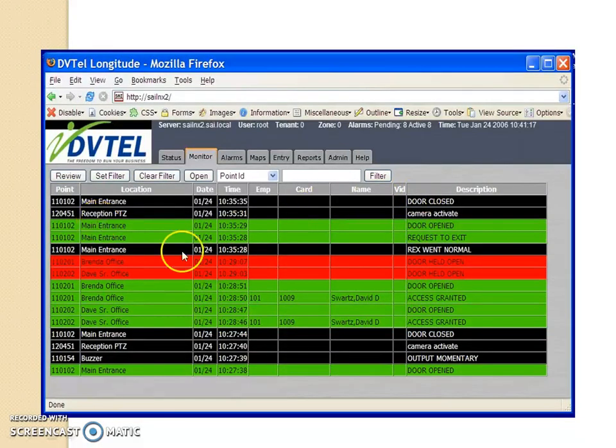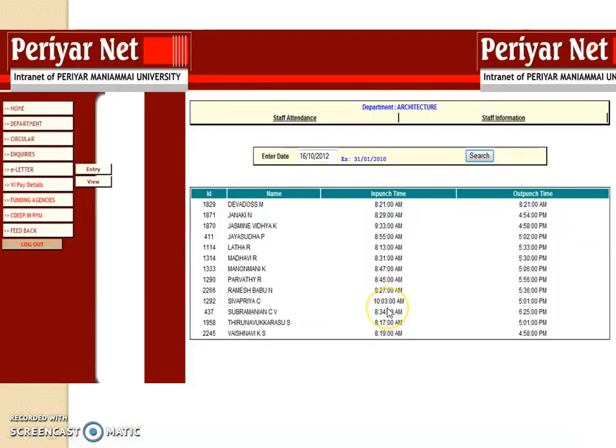As you can see in this particular user interface, you can see the time at which the facility is being operated, and sometimes the person who is granted access. And this is another image, installed in a university, where you can see the entry time and exit time of the person punched in the facility. So you can see the user wise log created.